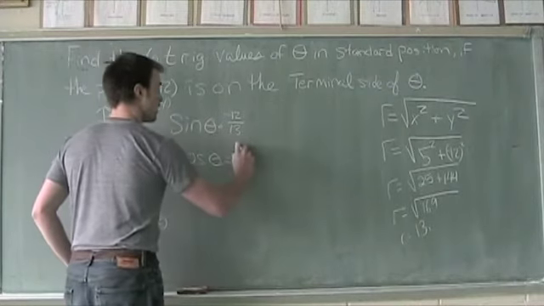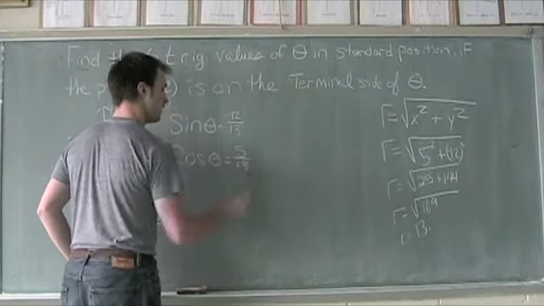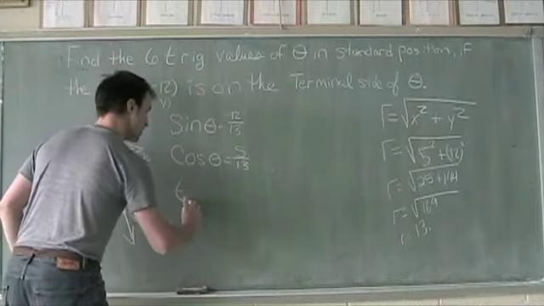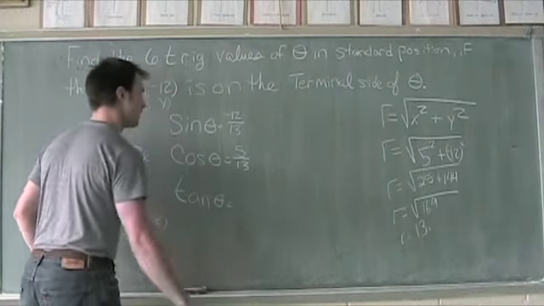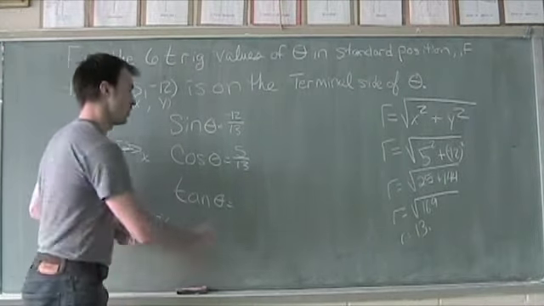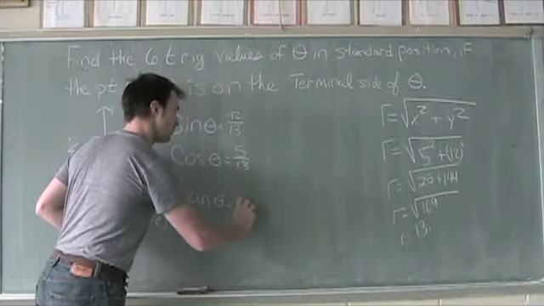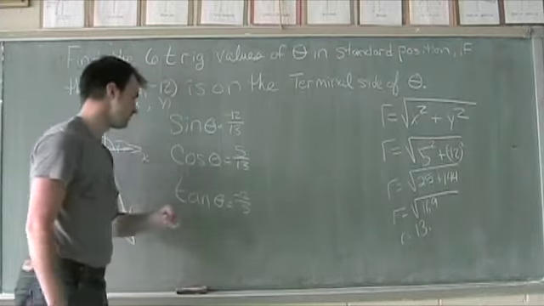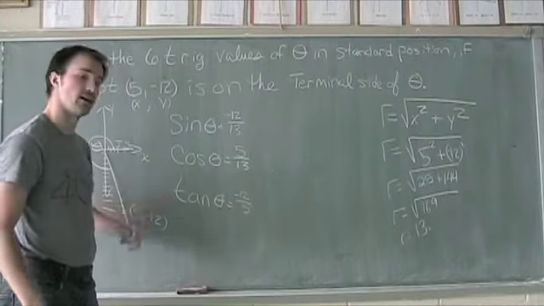So here we have 5/13. The tangent of theta is going to be the y value divided by the x value. So here it's a negative 12/5. That takes care of sine, cosine, and tangent.